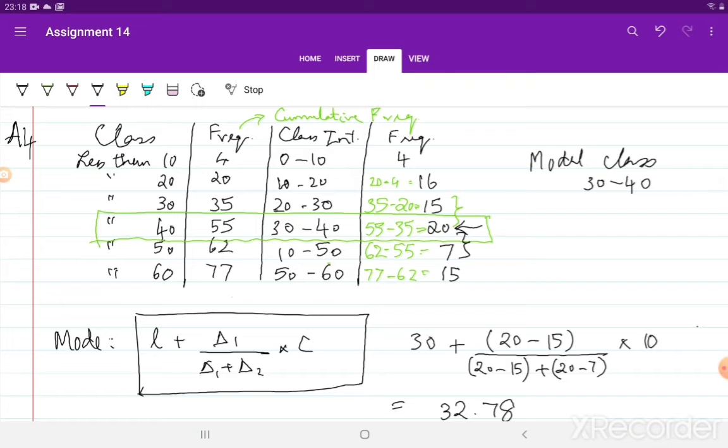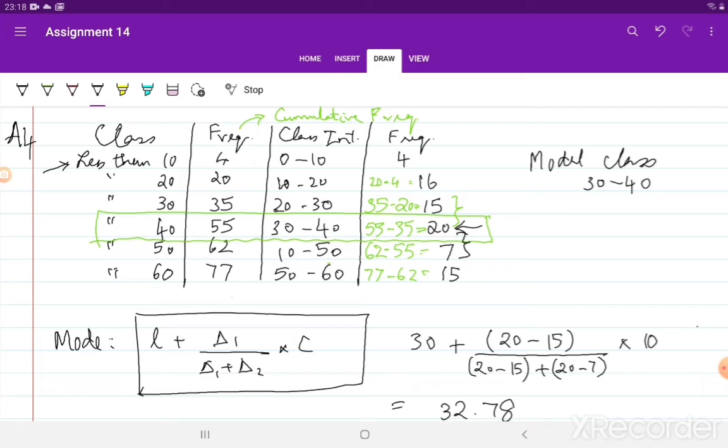Now, another question that they ask is: is it possible to calculate the arithmetic mean? Now remember, it is tough to calculate the arithmetic mean when you have open-ended data. That is, when you have less than 10, technically the lower limit of the first class is not specified.